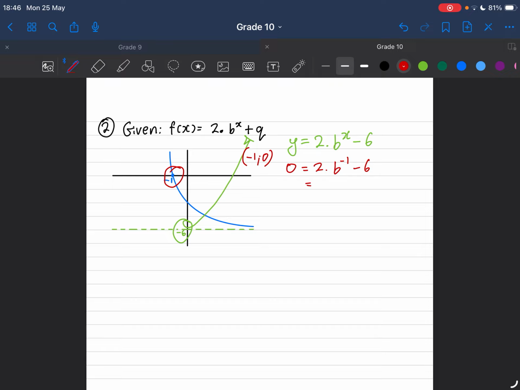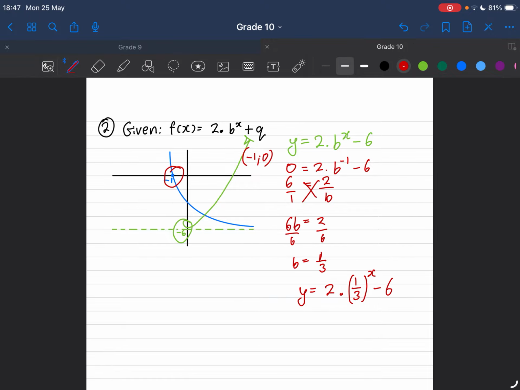Now the 6 can go across and become a +6. 2 over b, because the b has a negative exponent, you can bring it to the denominator. Then you put that over 1 and cross multiply. So 6b is equal to 2, and then you divide both sides by 6, so b is equal to 1 over 3.